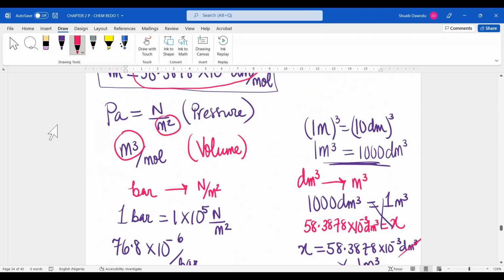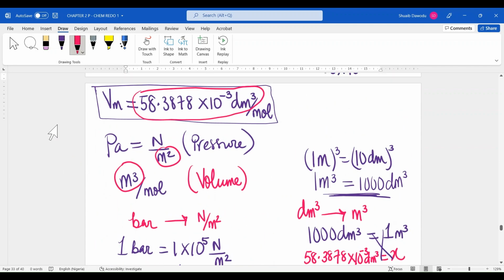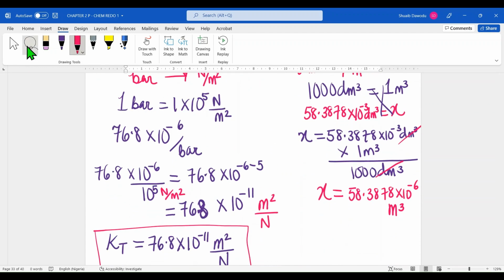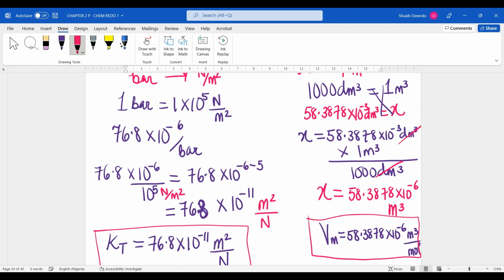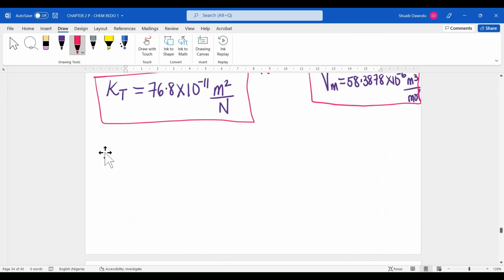Let's not forget that this is just the volume. Now we have to deal with the molar volume. So the molar volume is going to be 58.3878 times 10 to the power of negative 6 meter cube per mole, which is now the new molar volume. Now we have put everything in the units that we want for this question, so we can comfortably substitute.